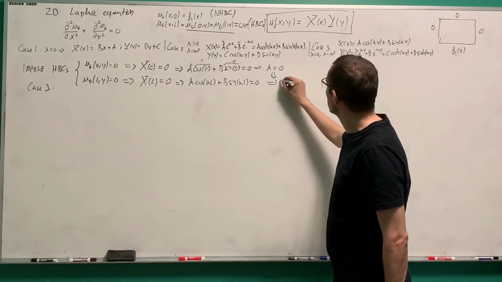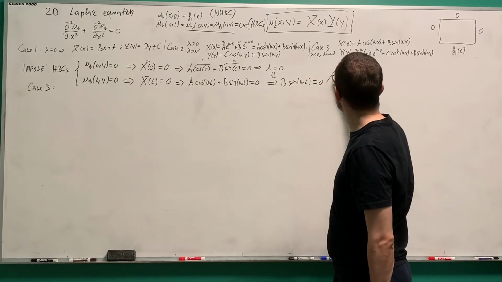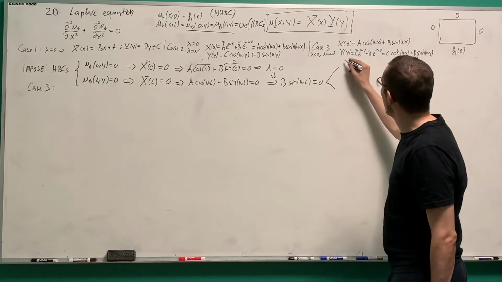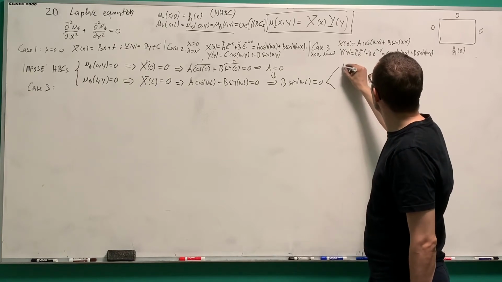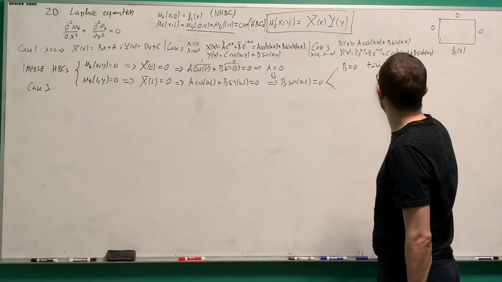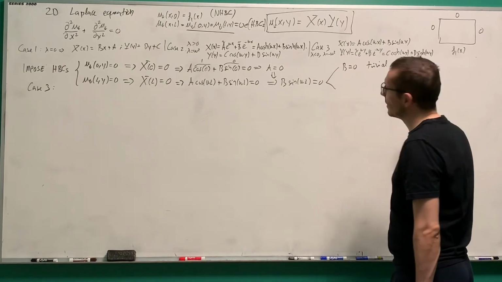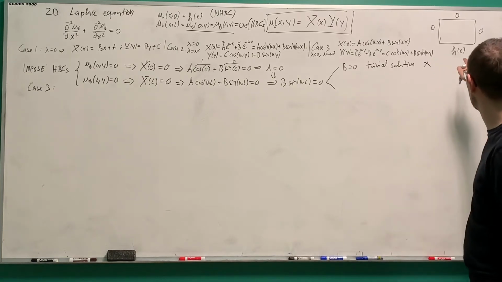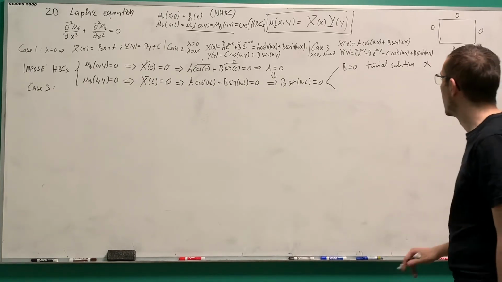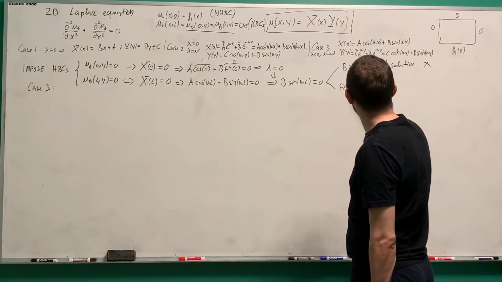Therefore, b sine omega L is equal to 0. Several possibilities. On the one hand, b is equal to 0, but that is the trivial solution with a equals 0 and b equals 0, which we already discarded because it's incompatible with f1 different from 0. And if not, we get that the sine of omega L is equal to 0.